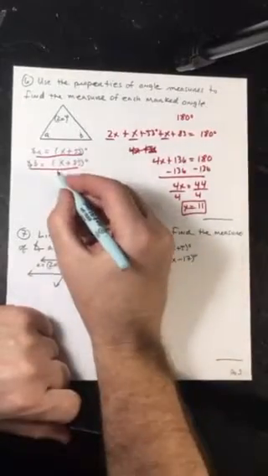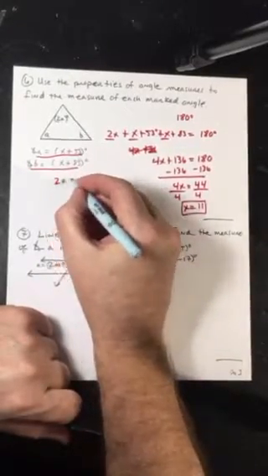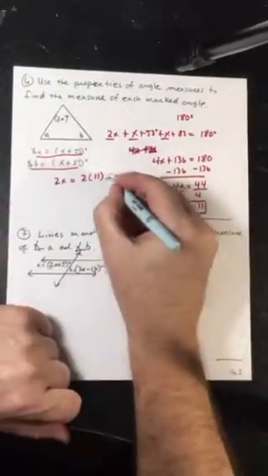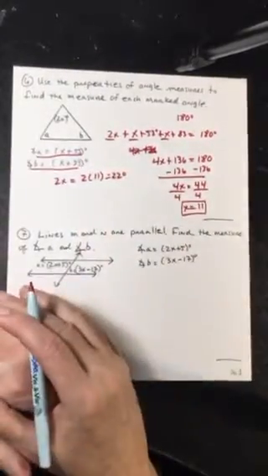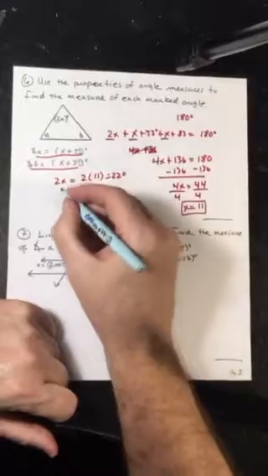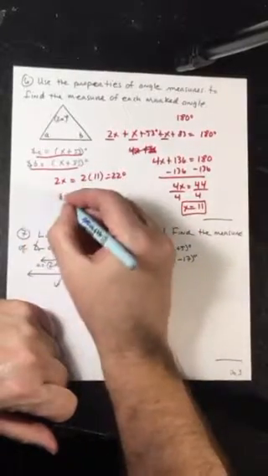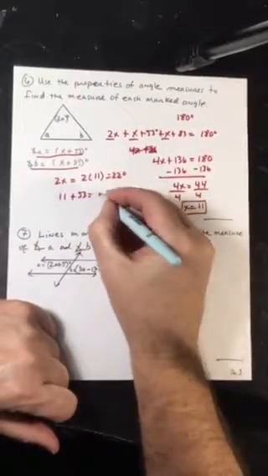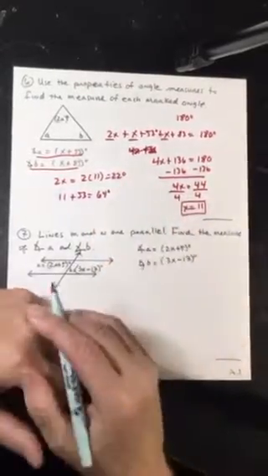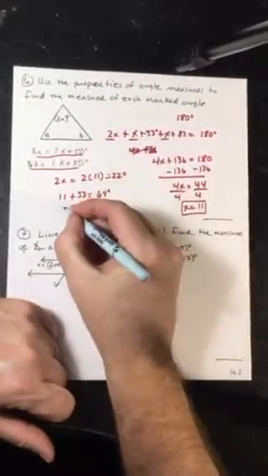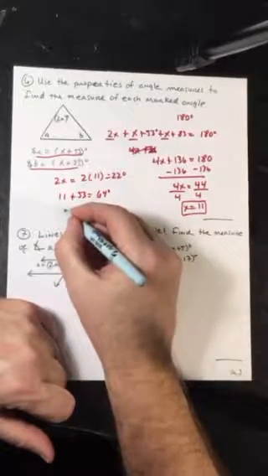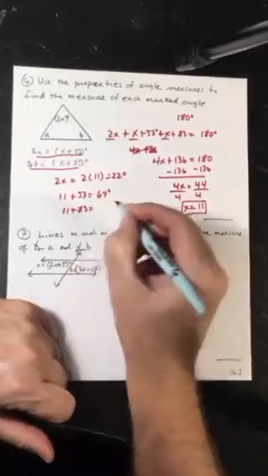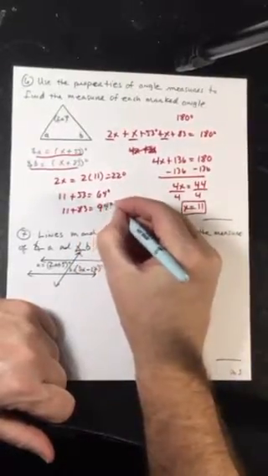Alright, so I can find my first angle. 2x is equal to 2 times 11, which is 22 degrees. The second one is 11 plus 53, which is equal to 64 degrees. And the next one is 11 plus 83, which is equal to 94 degrees.